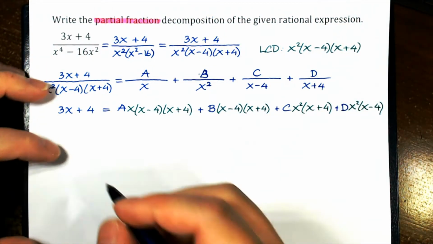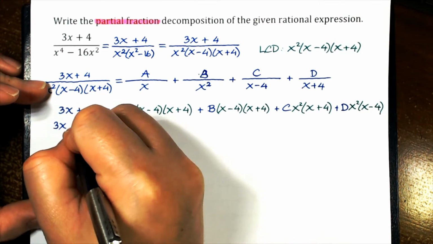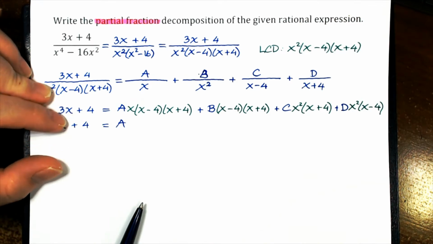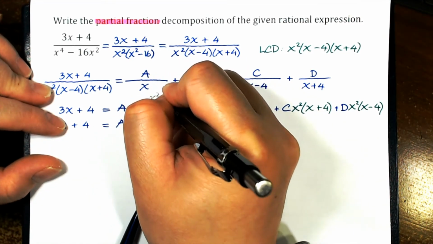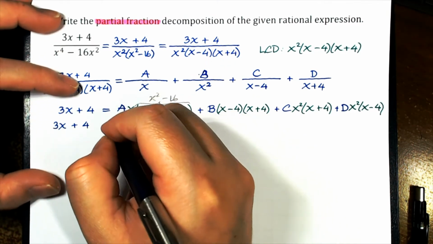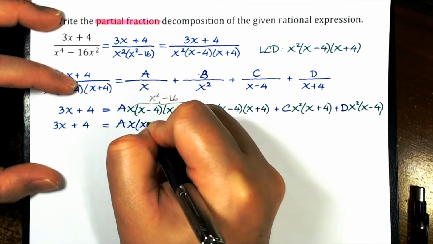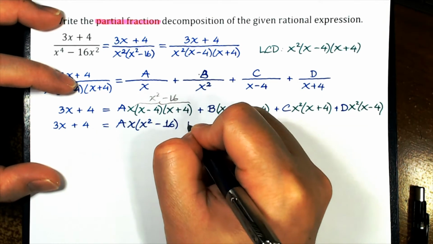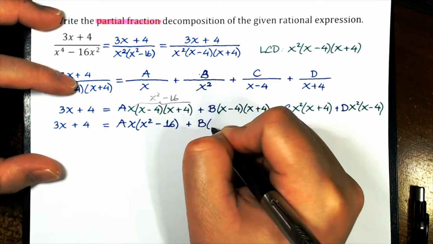Now we multiply everything out on the right hand side. x minus 4 times x plus 4 will be just x squared minus 16. So we have ax times x squared minus 16, plus b times x squared minus 16.